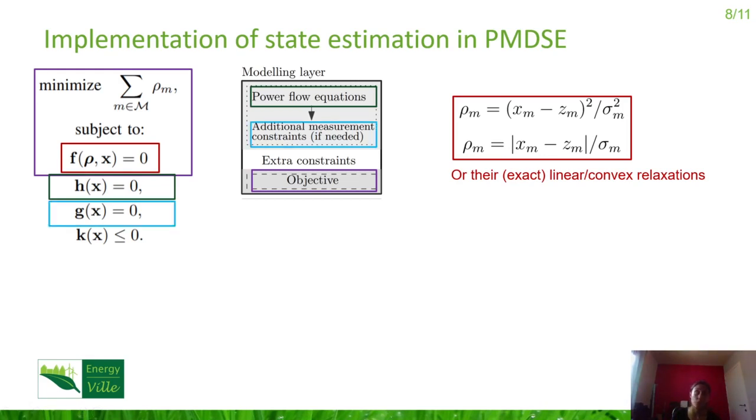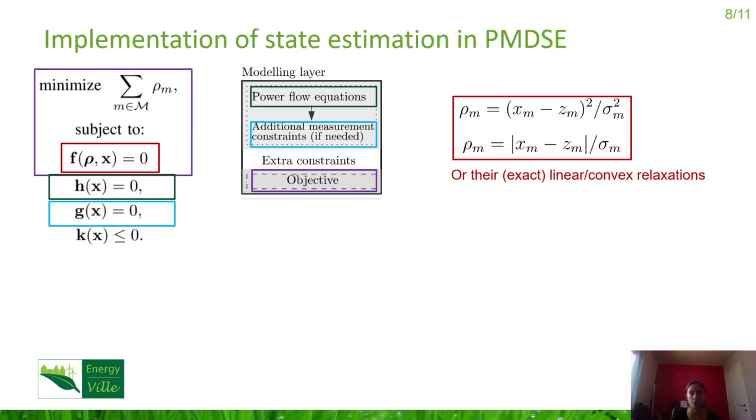Then, since we want to be able to include any type of measurement in our state estimation, we have implemented additional measurement constraints that allow to map measured quantities that do not belong to the power flow equations which has been used to the state estimation problem itself.